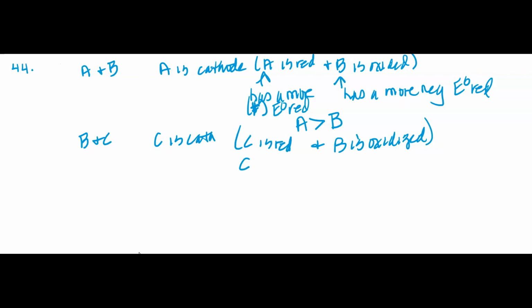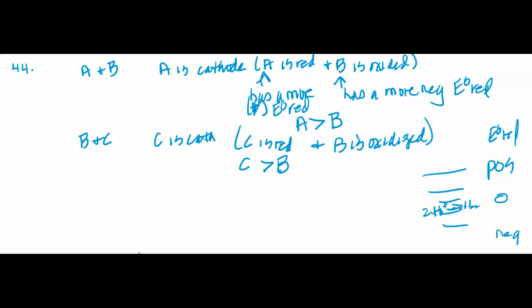C has a greater reduction potential than B. Because remember, in the reduction potential tables, we had positive values. There were a lot of equations, and the reduction of hydrogen was a value of 0, and then here we had all the negative values, right? So C is greater than B because positive numbers are bigger than negative numbers.